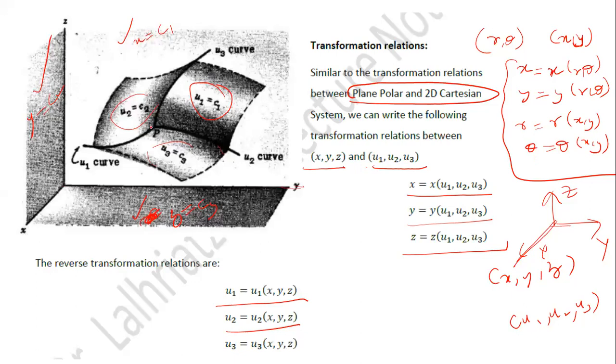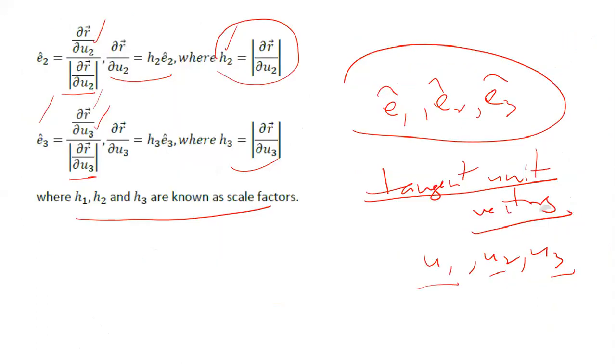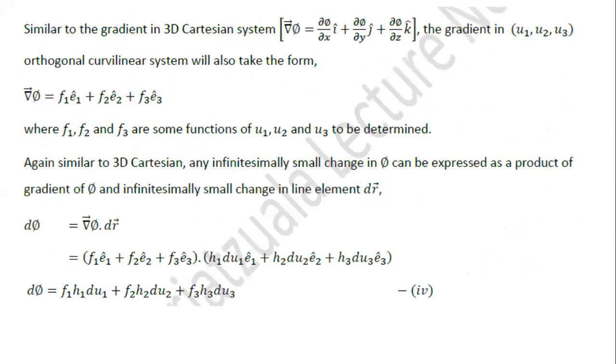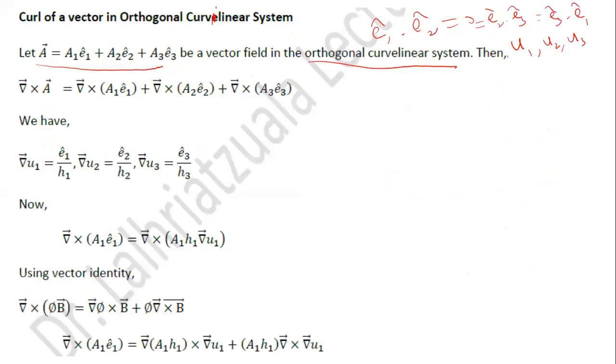It could be a curved coordinate line like this. But when the coordinate lines intersect at 90 degrees, then the curvilinear coordinate system is an orthogonal system. So that's what we have discussed, right? And we have discussed the transformation relations, tangential unit vectors, perpendicular unit vectors, and gradient, divergence. Now we are coming to the curvilinear curl of a vector field.